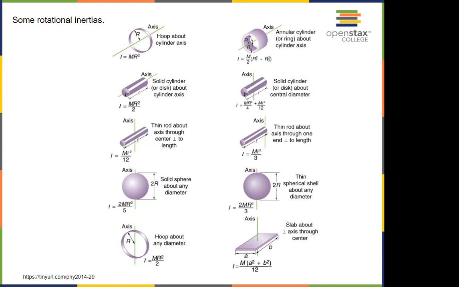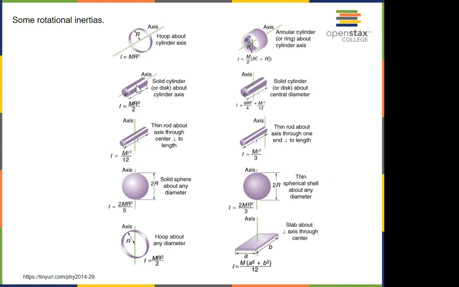So for a ring of mass m, it's m times r squared if the axis of rotation is through the center. For a rod, it's 1/2 mr squared if you have the axis of rotation going through the center of the rod.